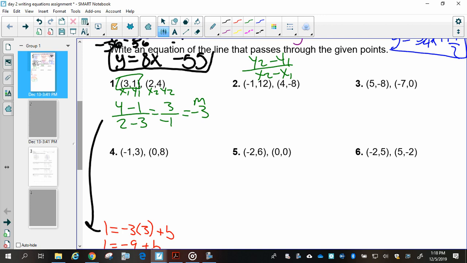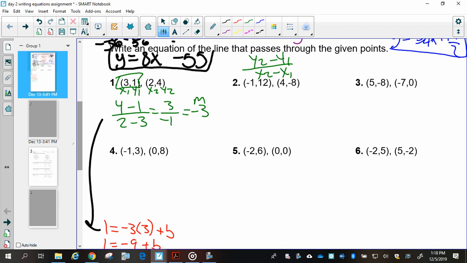Alright, for number 2. Same thing. We need to find our slope first. So label them if you need to. So that's going to be negative 8 minus 12 over 4 minus negative 1.